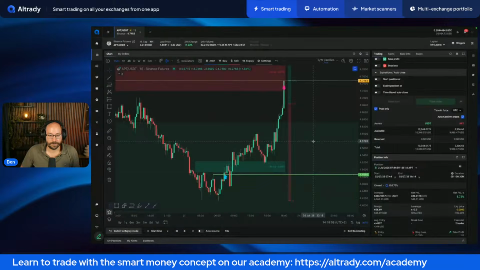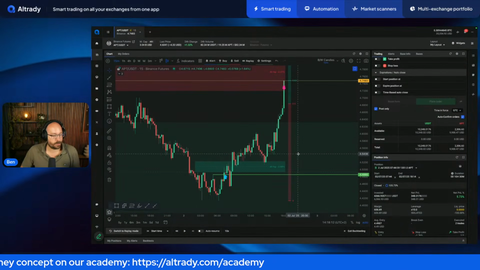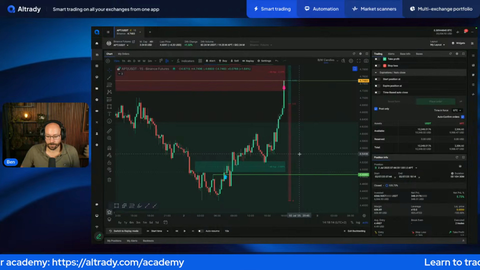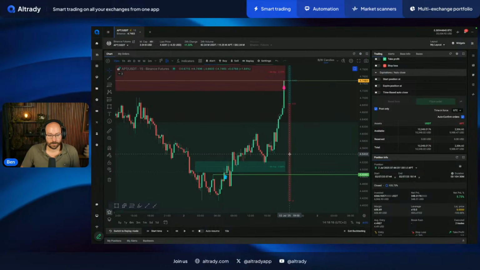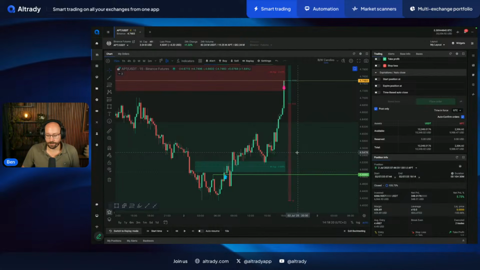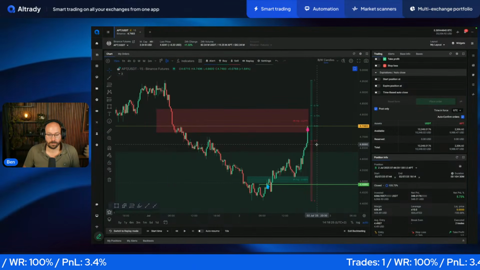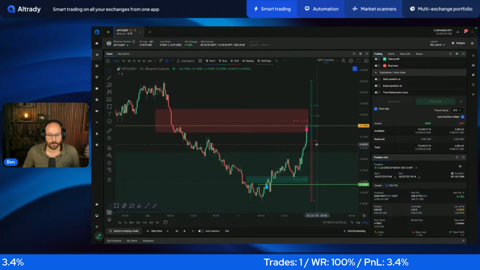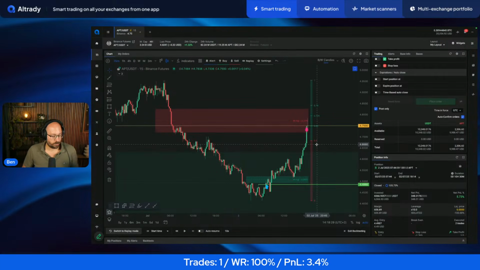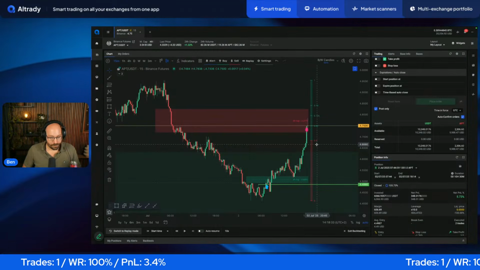All right. Nice. Off to a good start. So that's a 3.4%. Okay. Yeah, that's pretty good. So there was just one potential area for entry, this inverse fair value gap.